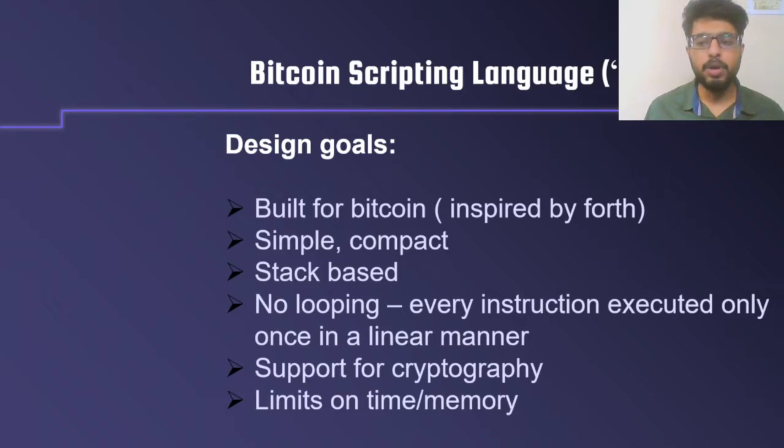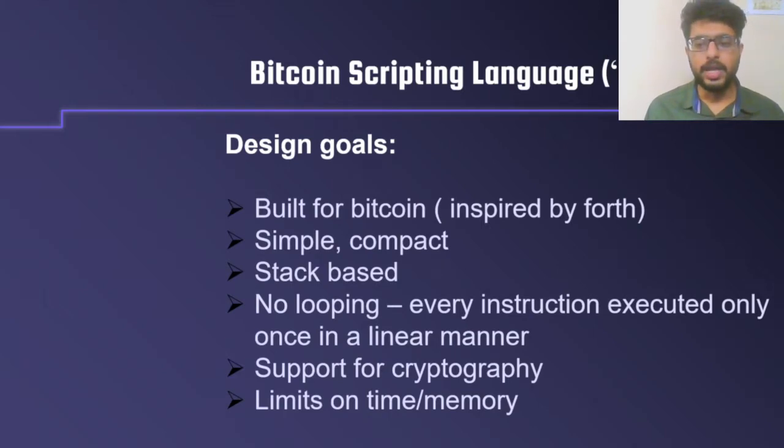The key design properties were to have something that was quite simple and compact, yet had support for sophisticated cryptography. So this scripting language consists of special purpose instructions to compute hash functions, and to compute and verify signatures. There are a lot of limits to keep in mind.